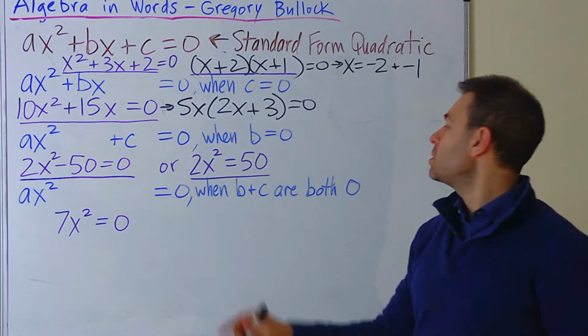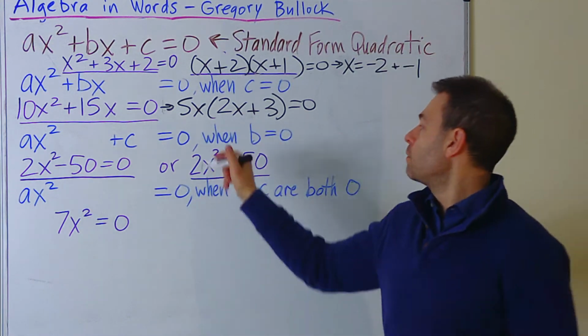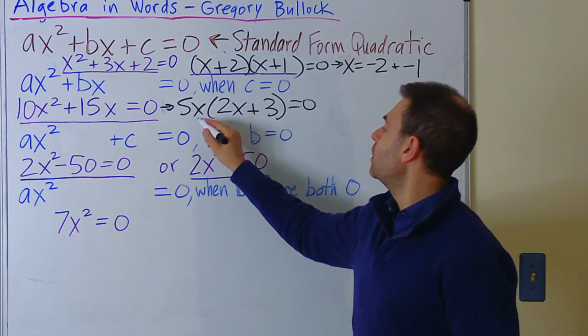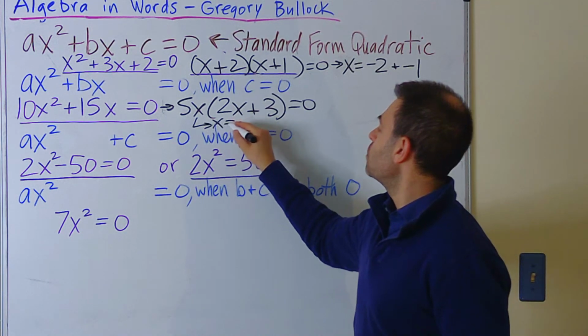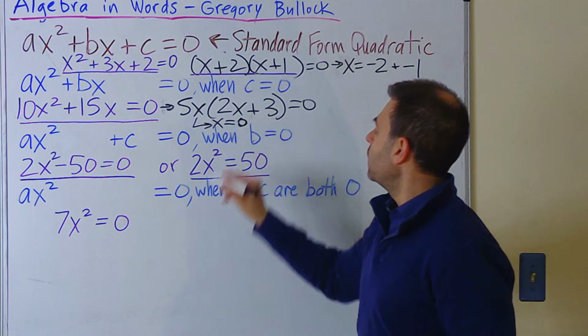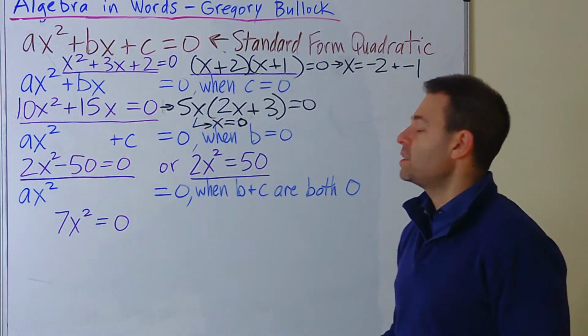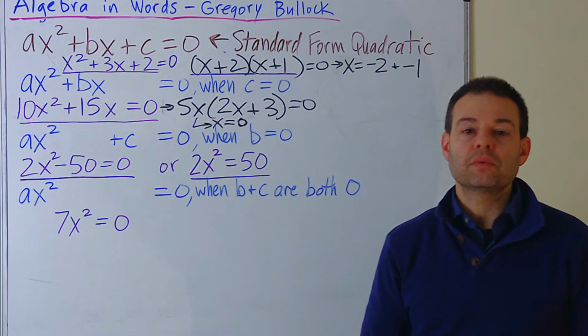And whenever you see it factored like this, your first term will always result in x equals 0. And if you want to check that, that's because we're going to take each factor and set each factor equal to 0.